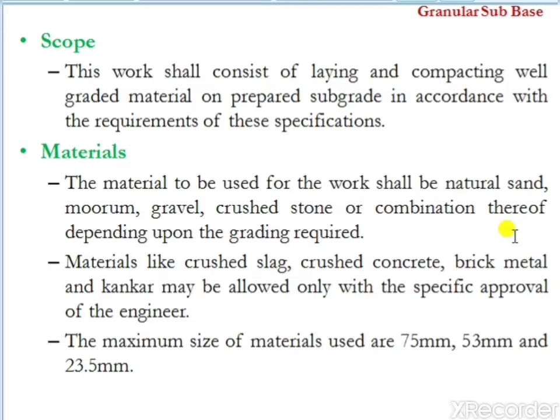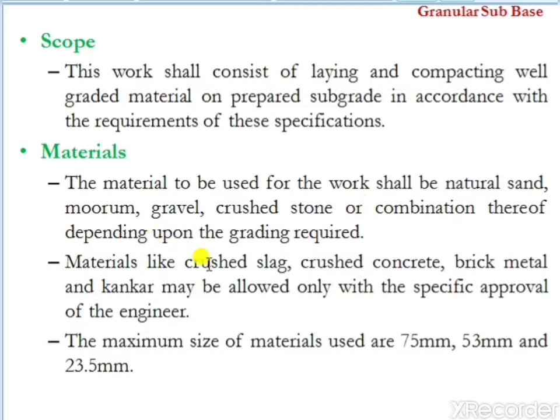Materials like crushed slag, crushed aggregates, brick metal, and kankar may be allowed only with specific approval of the engineer. So apart from naturally obtained materials, we can also use crushed slag, crushed concrete, brick metal, and kankar.